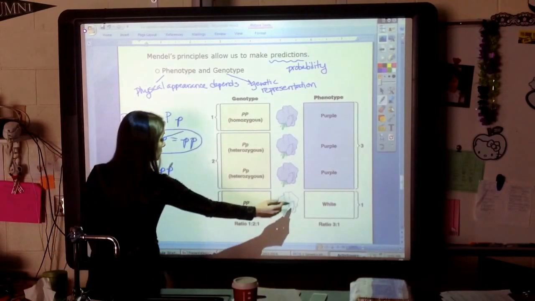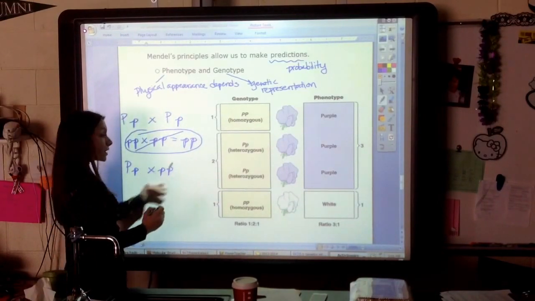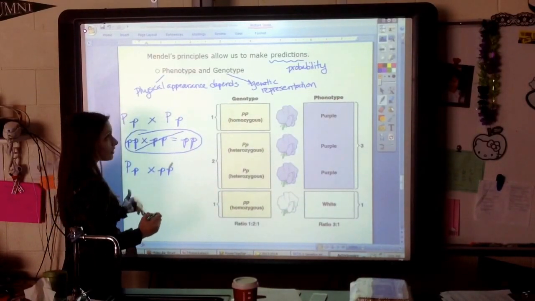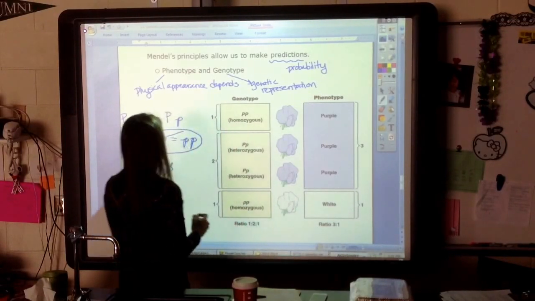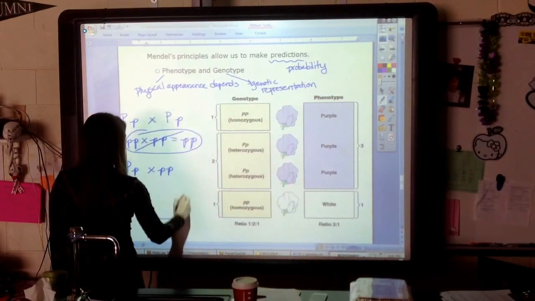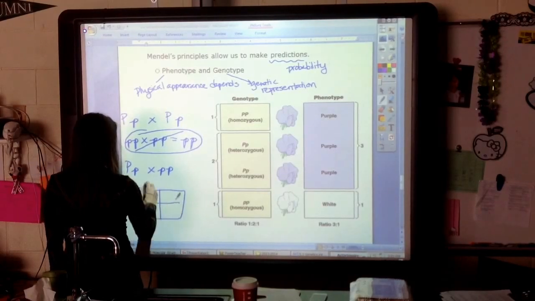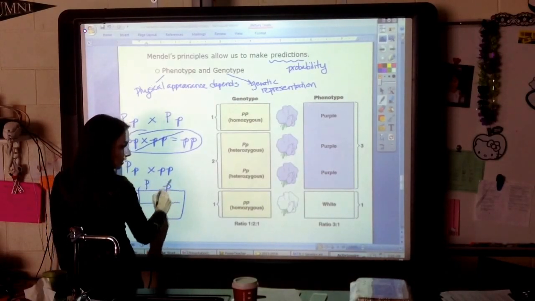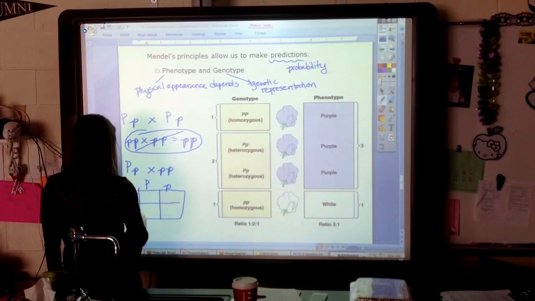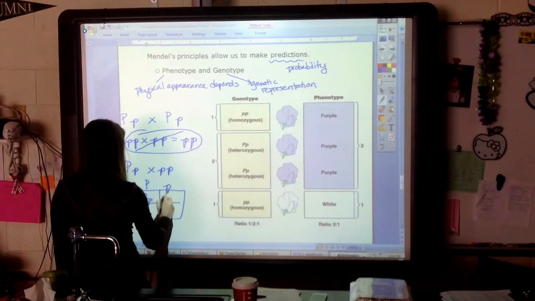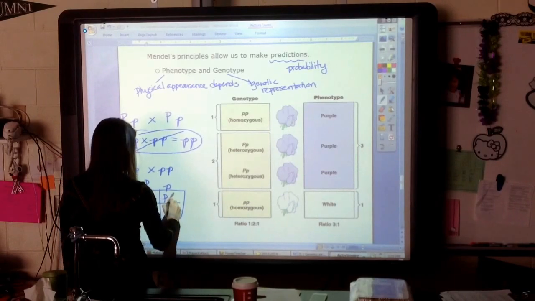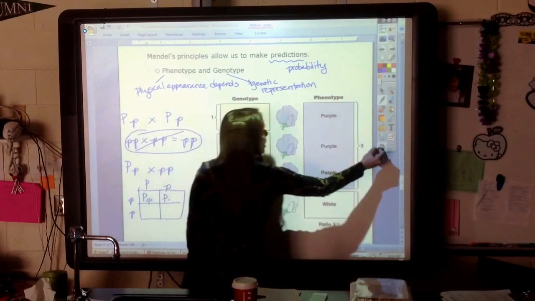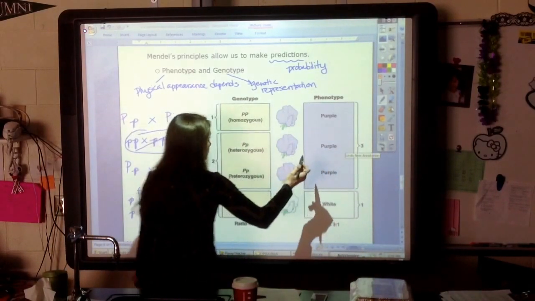That would give us white, but if we create the ratios of this, if I look at the ratio of 3 to 1 and 1 to 2 to 1, this Punnett square, if you work this one out, big P times little p, this actually gives us a ratio of 1 to 1.